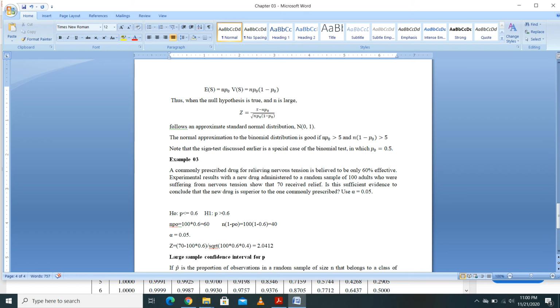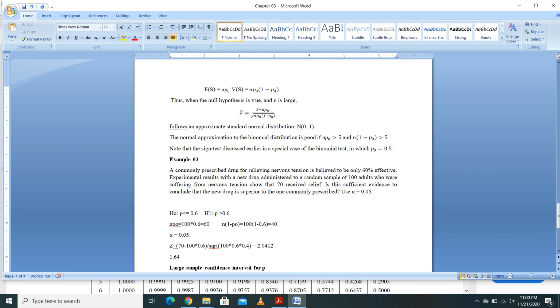Now, this has a standard normal distribution, and we know the cutoff marks. Since we are testing for the proportion greater than 0.6, our critical value falls on the right hand side, which is close to 1.64.